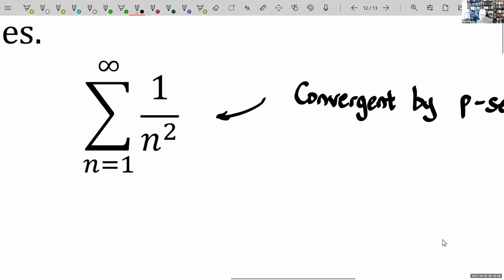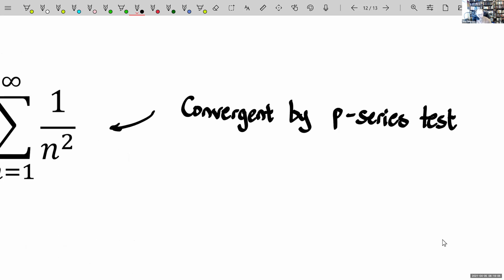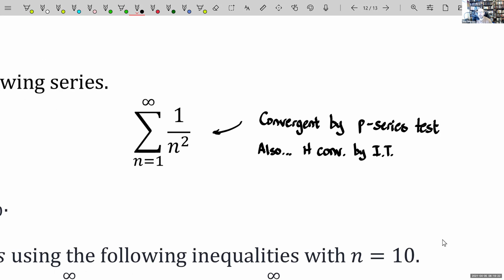And when you use a p-series test, by the way, it's a very special subcase of the integral test. So you could have proven it converges by the integral test also. And if you can use the integral test, that means you can estimate the error if you only want to add up the first, let's say, 5 or 20,000 terms or something like that.